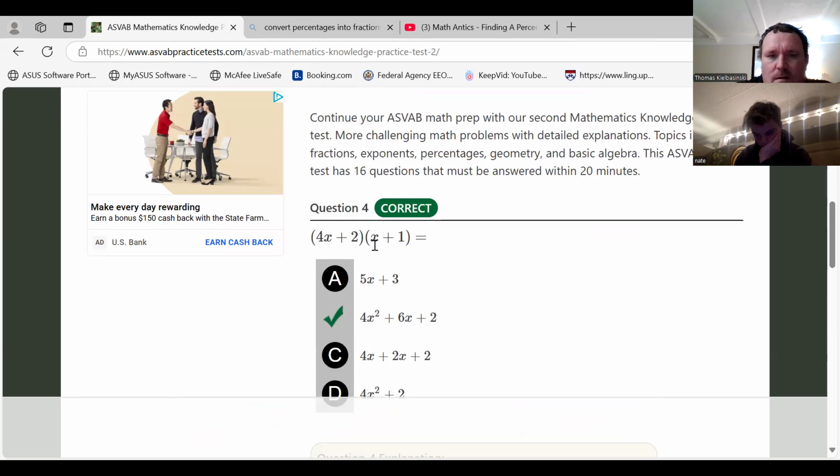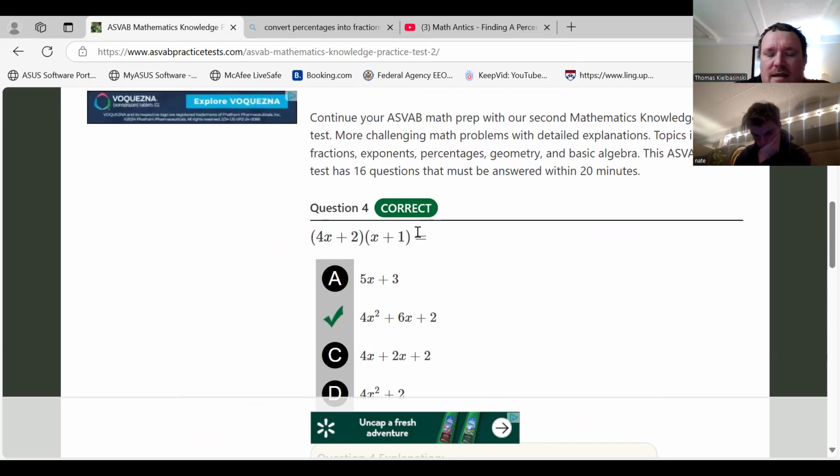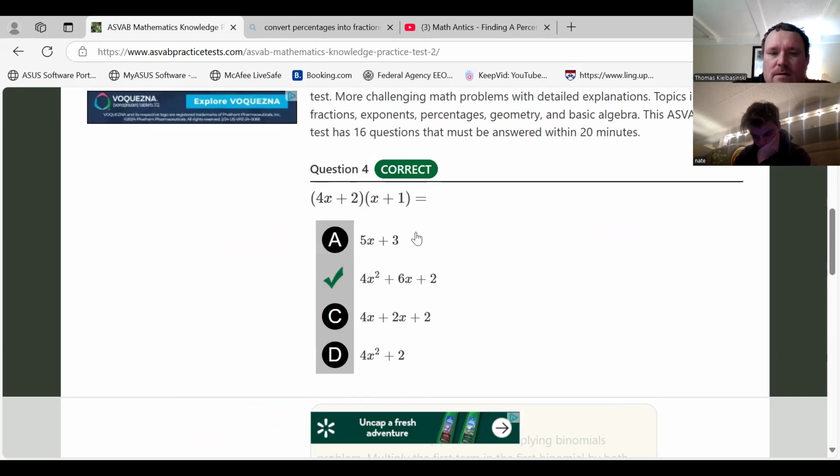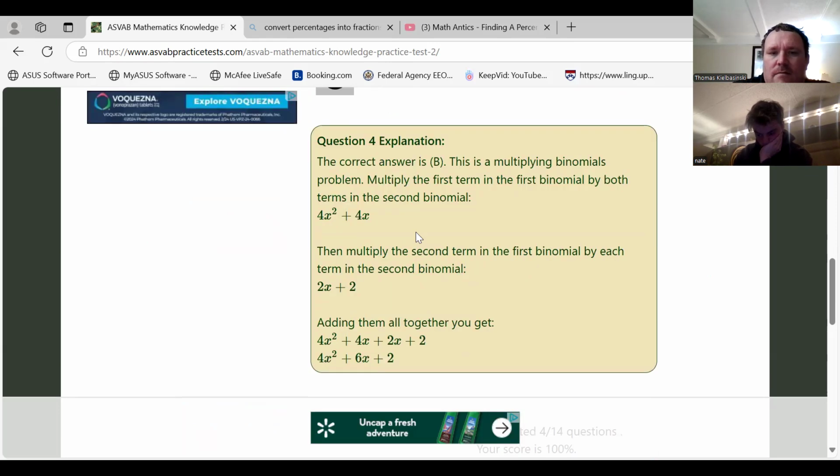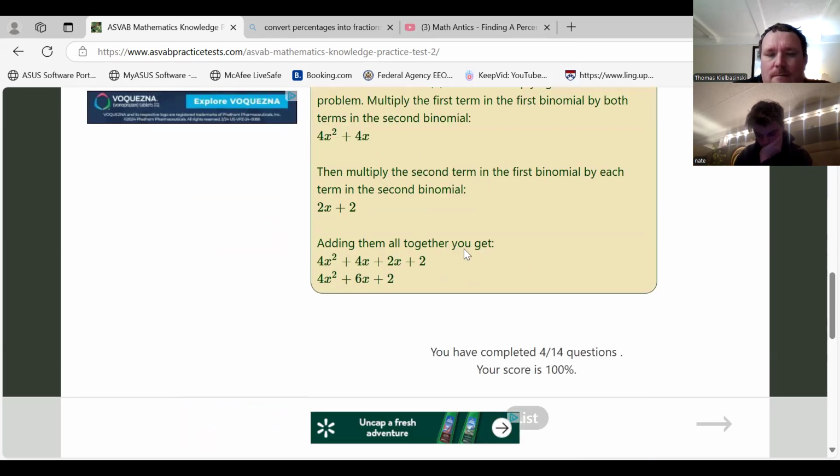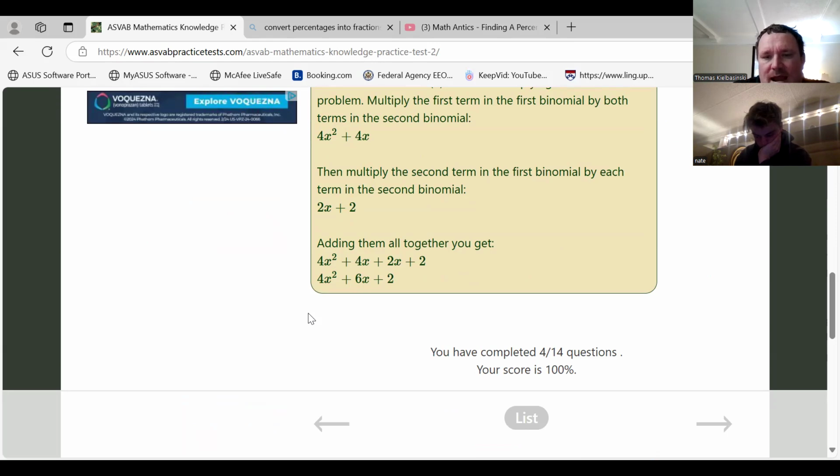And then plus 2 times 1, we're multiplying it together. 2 times 1 is 2. 2x plus 2, right down on the bottom here. Then you combine them all together. 4x to the second, just drop that down. You add that together, that's 6x. Then you drop it down, that's plus 2.